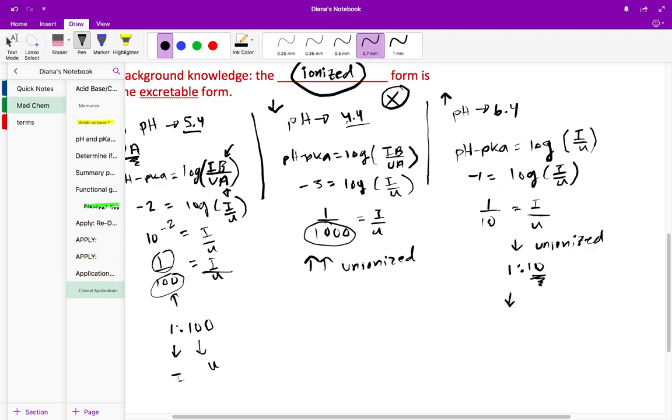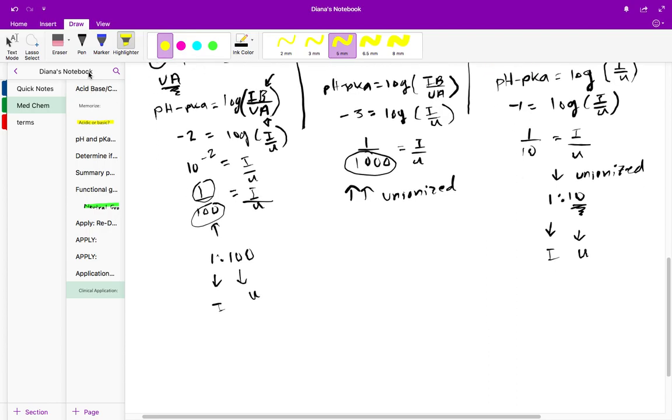Here we had 1 ionized, 10 unionized. And so just by looking at these numbers, I can conclude that the answer should be to increase the pH of the patient's urine so that we can decrease the amount of unionized, and by default that means we're increasing the ionized form so the patient can get rid of it.